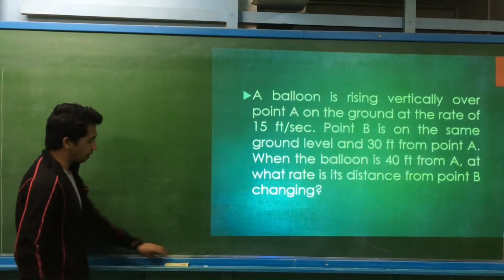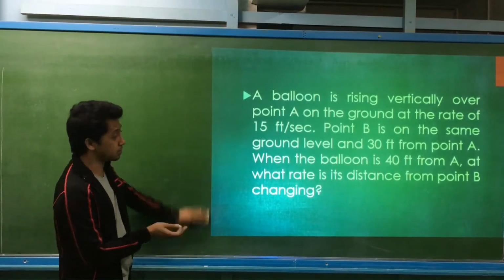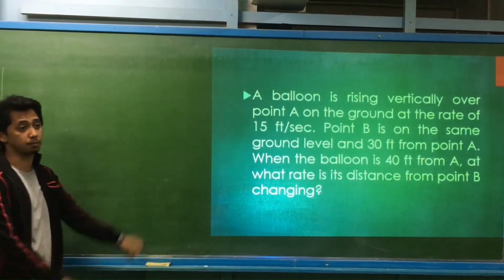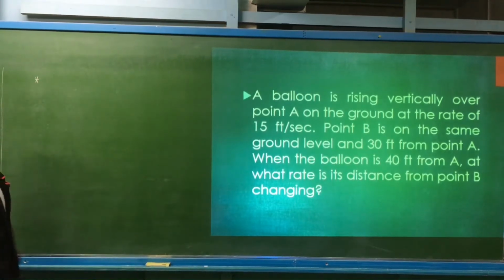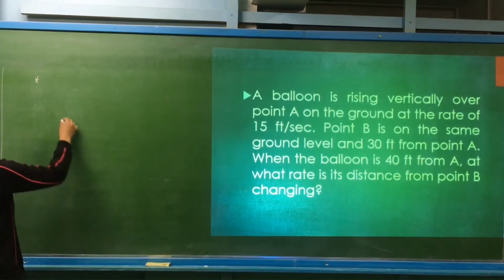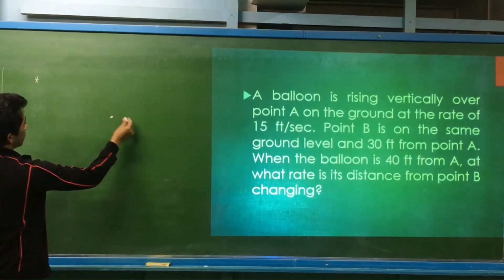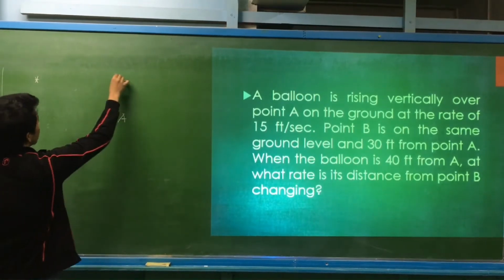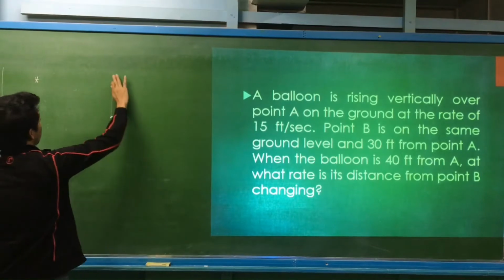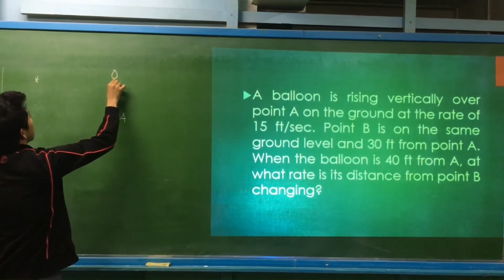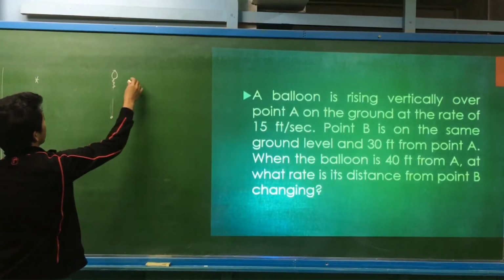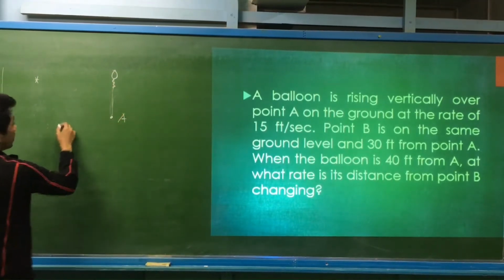Again, don't forget our 5 steps in solving worded problems when it comes to differential calculus. First, identify what are the given. Initially we have point A, and above point A we have a balloon that is rising. Let's say this is along y.